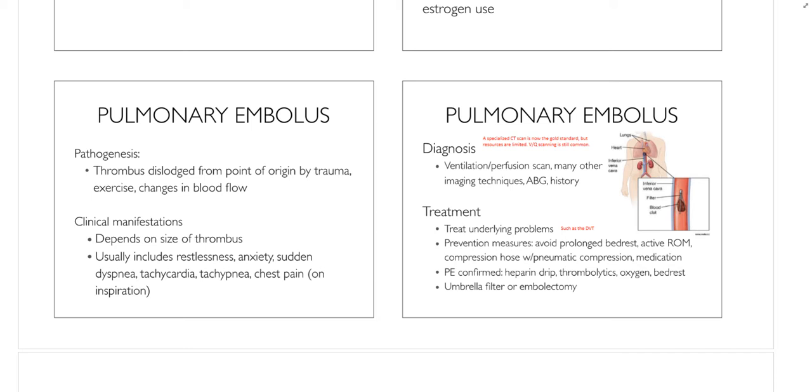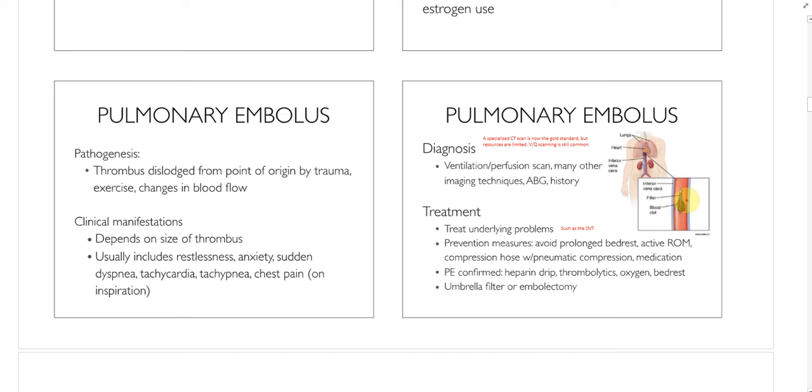But we're going to think, oh yeah, this person has a much more significant chance of developing a DVT and thus then a PE. So we're going to want to treat the underlying problems, such as that DVT, for which we may use an umbrella filter or embolectomy to prevent it from getting worse. So this is what that umbrella filter kind of looks like. It's going to hold on to that clot and prevent it from flowing back into creating another PE.